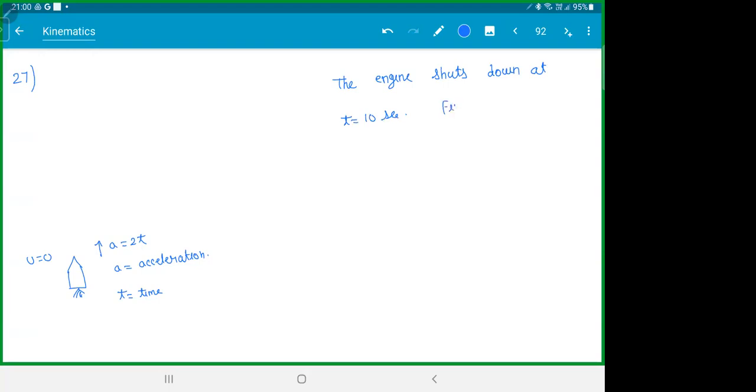Find h max of the rocket. A rocket starts with a variable acceleration a equal to 2t, and it works for 10 seconds, and then the engine shuts off.